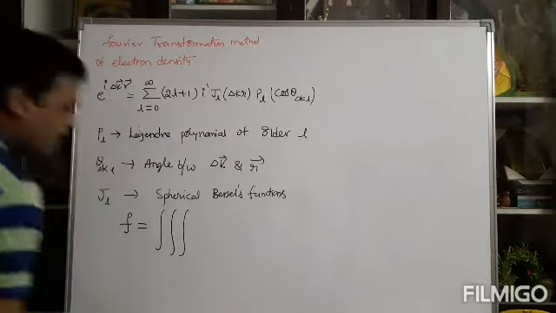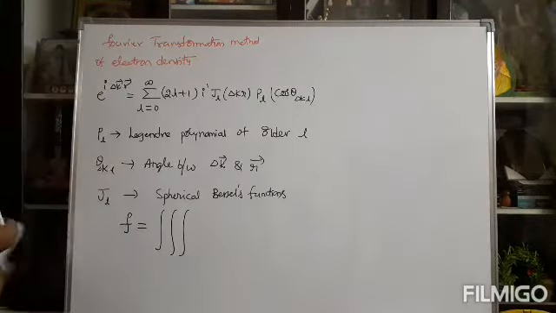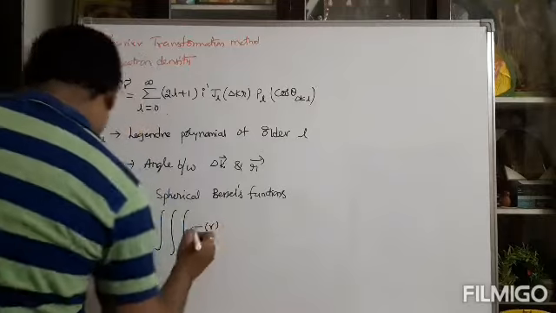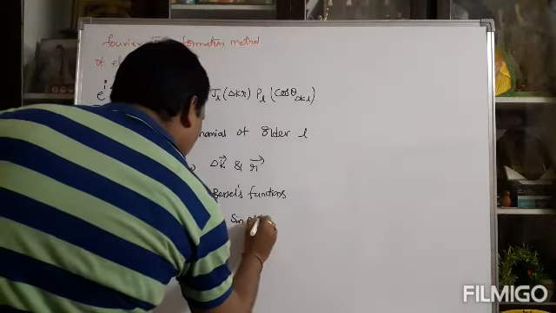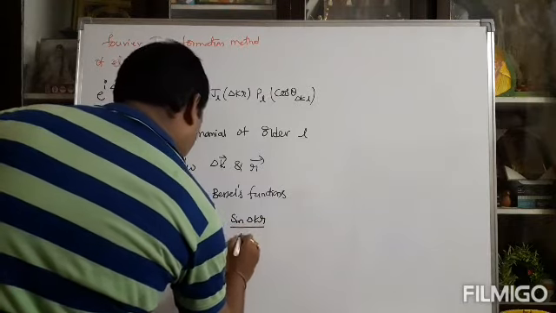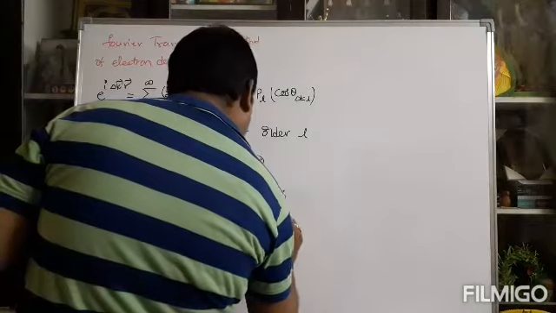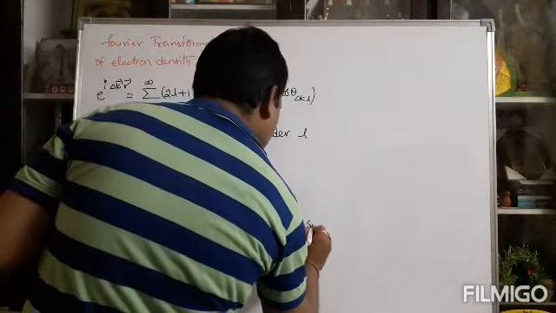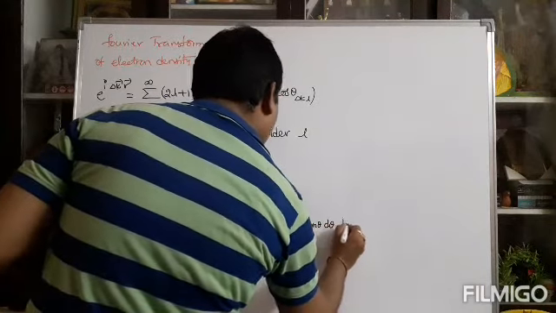So it is the triple integral of rho of r into sine delta kr divided by delta kr, into r square dr, into sine theta d theta d phi.